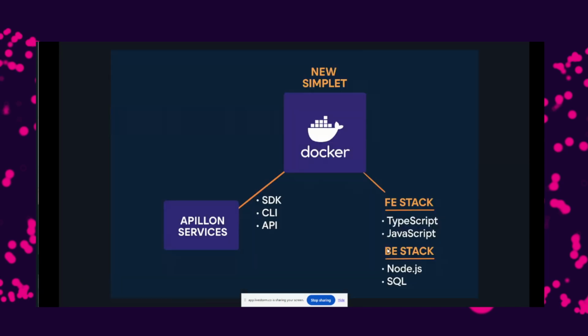What we want you to do essentially is come up with a new simplet, utilize the Docker, utilize our SDK, CLI, API, whatever, and use whatever stack you want for front end and back end. I pointed out some of the stack like TypeScript, JavaScript, Node.js, SQL, because this is what we already have, but you can go the opposite way.